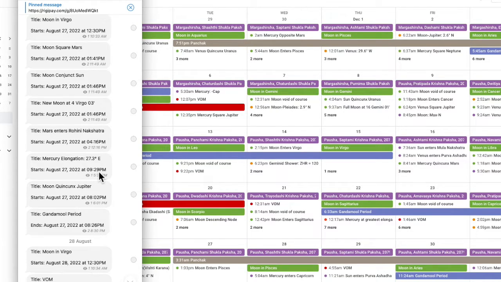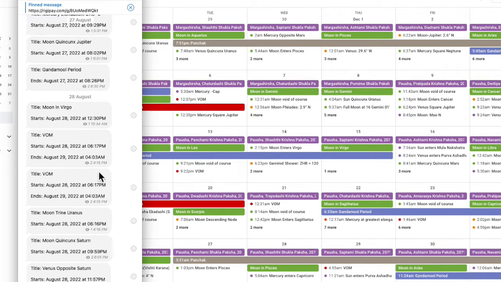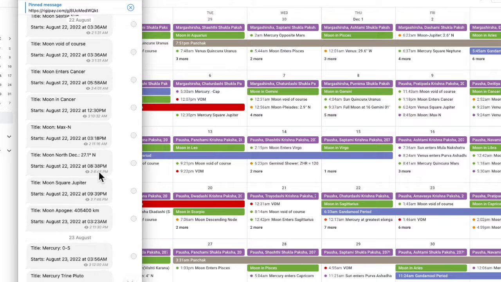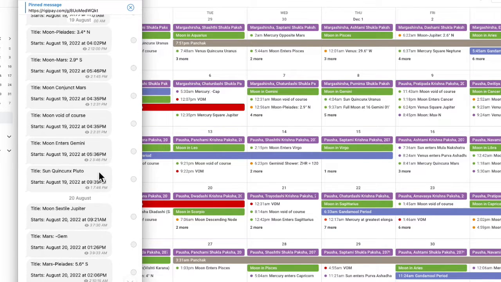This made me look into what kind of performance I can expect from the market going forward. So this calendar is available where you get all these alerts on Telegram. If you wish, you can subscribe to this.